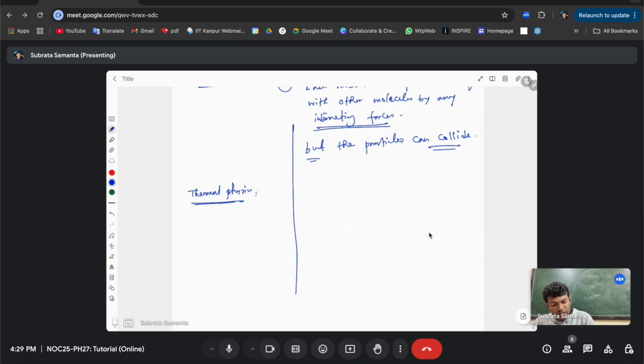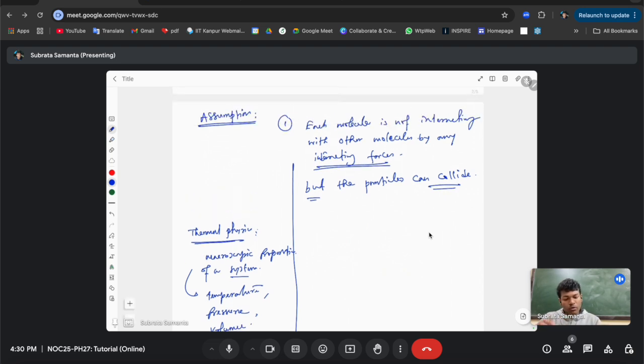System means, let's say, a container of gas. So what are the macroscopic properties? It's basically the temperature, pressure, volume, this kind of thing.